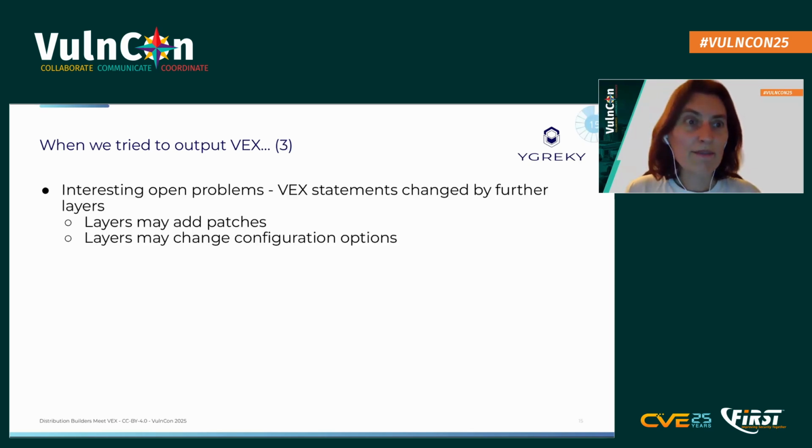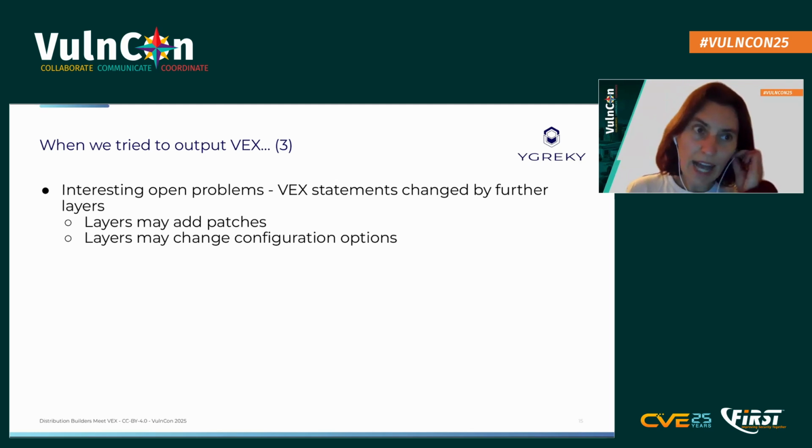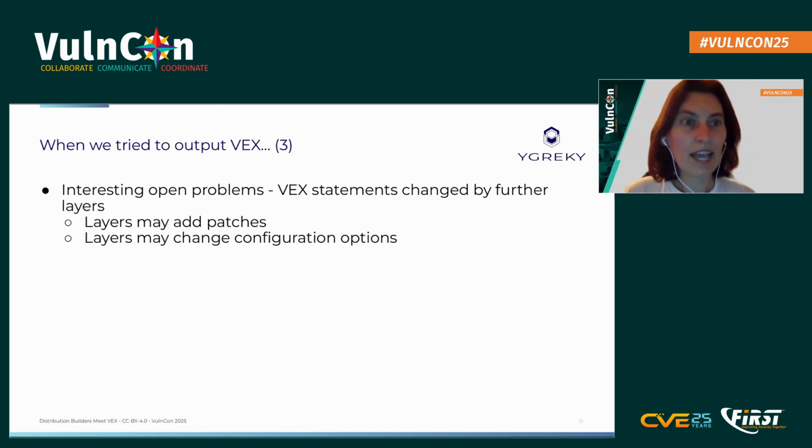And then we have some interesting open problems. As layers from vendors, from device manufacturers, they can modify the build configuration. They theoretically could modify also the VEX statements that have been created in the main layers.